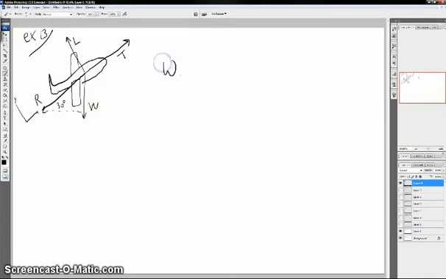If you remember from a few days ago, the x component of the weight when we've rotated the coordinate system like this is actually equal to the weight times sine theta, and I'm using a negative sign here to show that it's actually in the negative direction in the coordinate system.